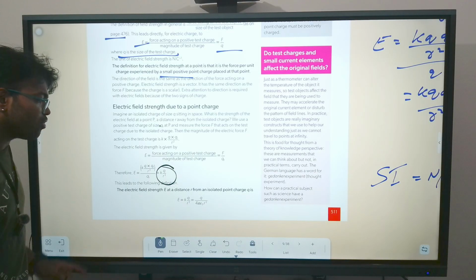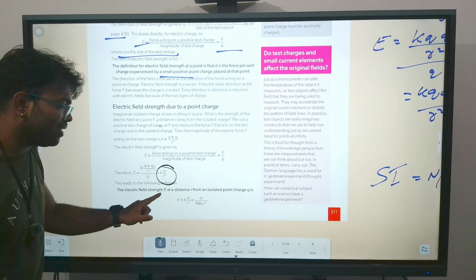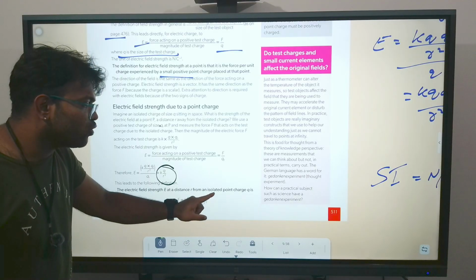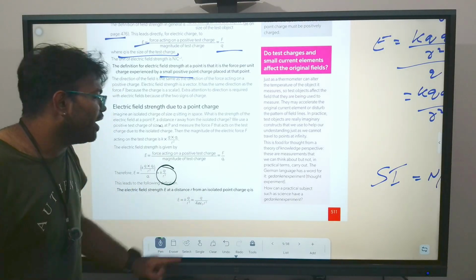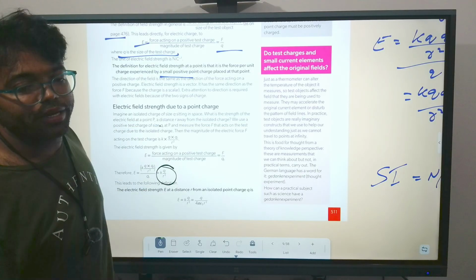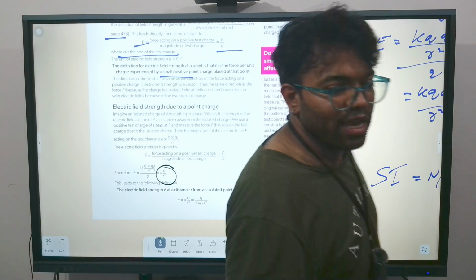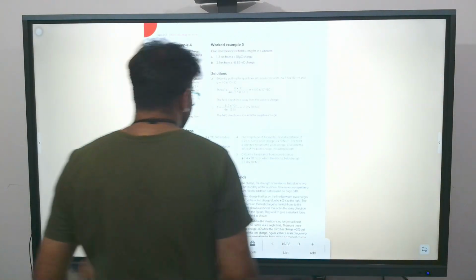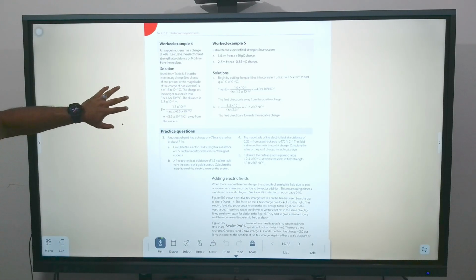So the electric field strength E at a distance r from an isolated point charge q is given as kq upon r squared. Clear? Next, now worked example number 4.